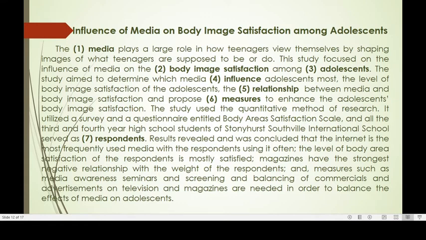The level of body area satisfaction of the respondents is mostly satisfied. Magazines have the strongest negative relationship with the weight of the respondents, and measures such as media awareness seminars and screening and balancing of commercials and advertisements on television and magazines are needed in order to balance the effect of media on adolescents.